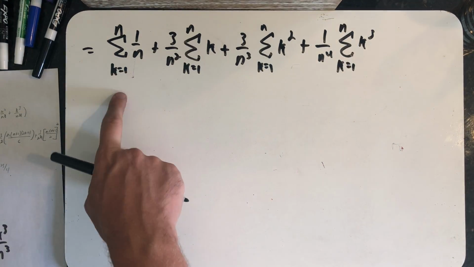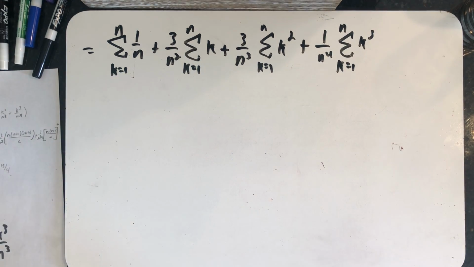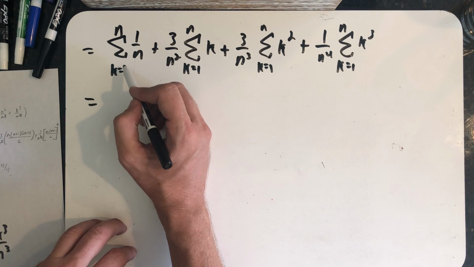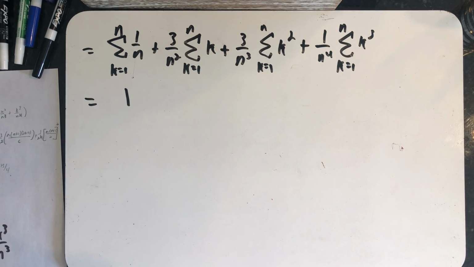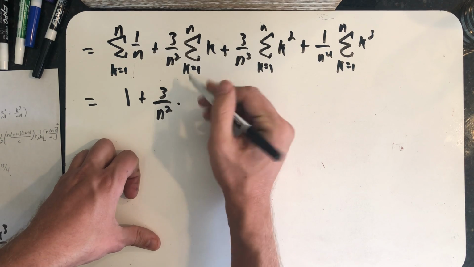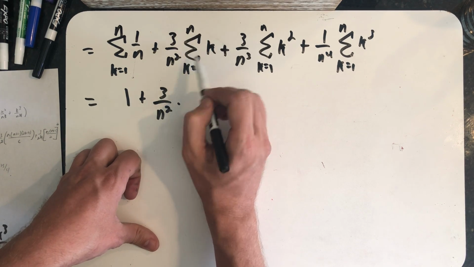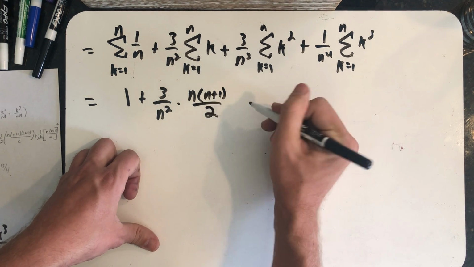What I see is that I now have sums that I have rules for. The sum from 1 to n of 1 over n would just be 1, since that's n times 1 over n. Plus 3 over n squared times the sum from 1 to n of k, and I know that's n times n plus 1 all over 2.